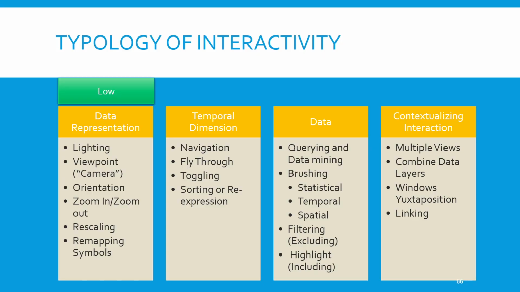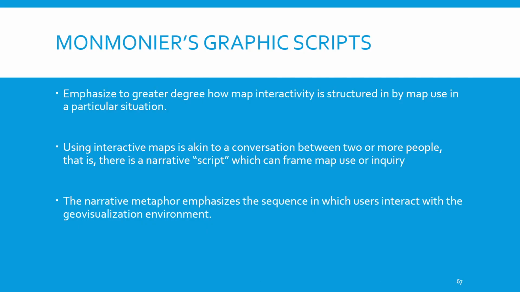We identified that there are low, middle, and high interactivity dimensions. This is really key for the future, and this is basically the hierarchy that we are going to be using.